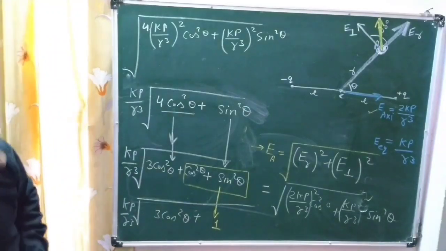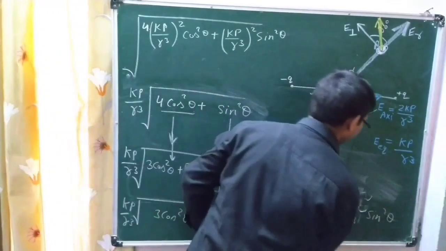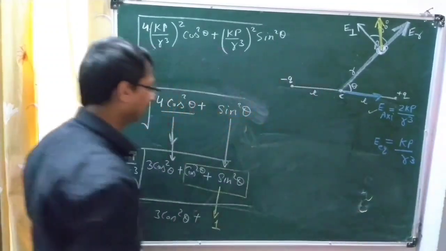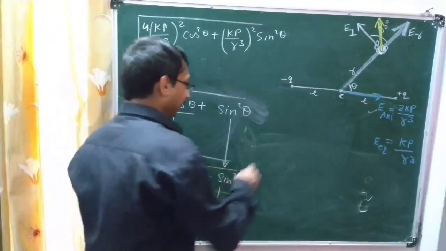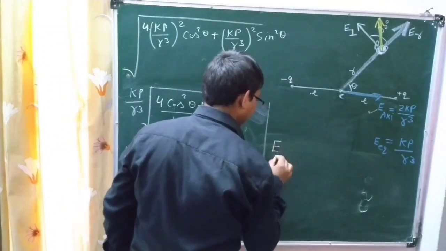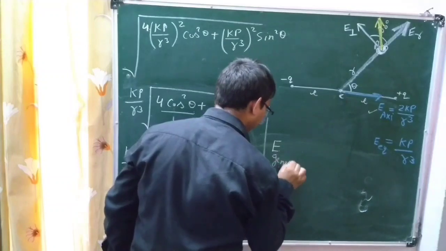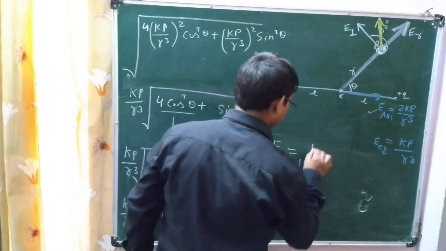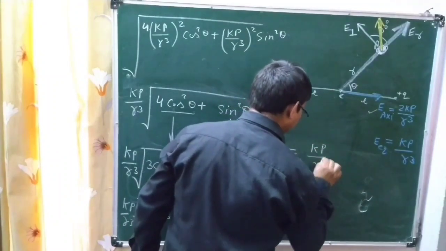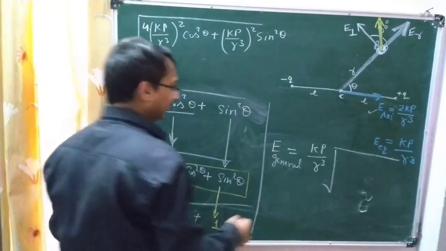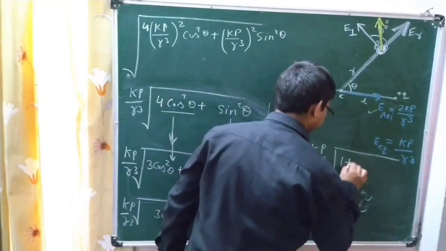This is the general relation: the electric field intensity at a general point, E general, is equal to kp upon r cube square root of 1 plus 3 cos square theta.